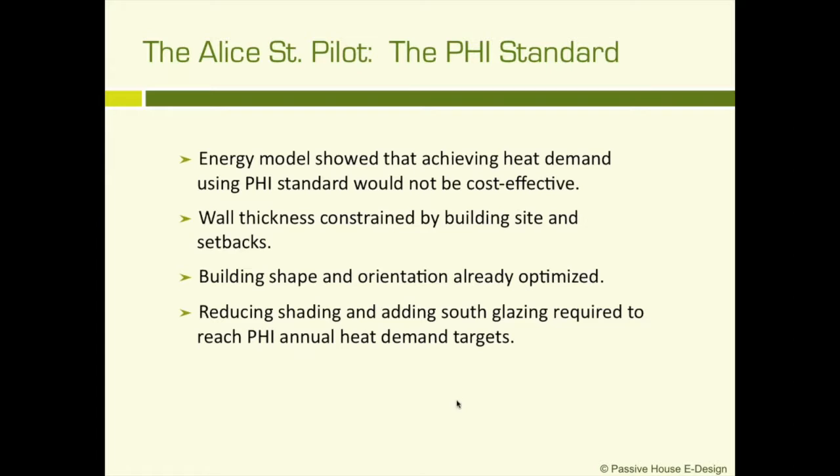So the energy model clearly showed us that achieving the PHI standard would not be cost effective. We were constrained on the building and wall thicknesses, and the building shape and orientation were already optimized, but that shading that we had no control over in the backyard really made it very difficult to achieve.